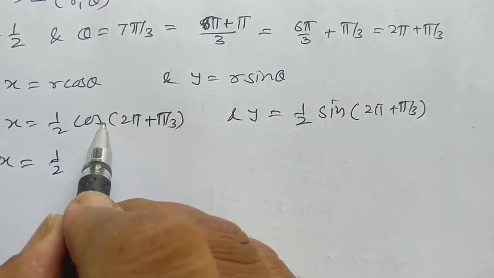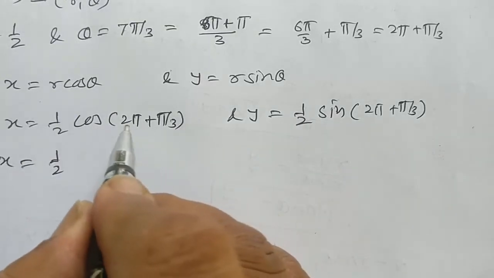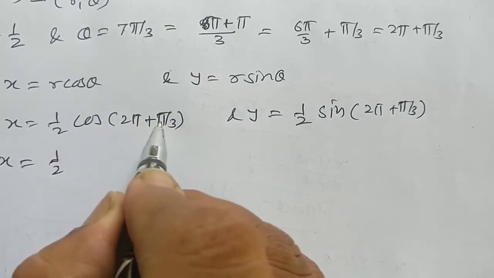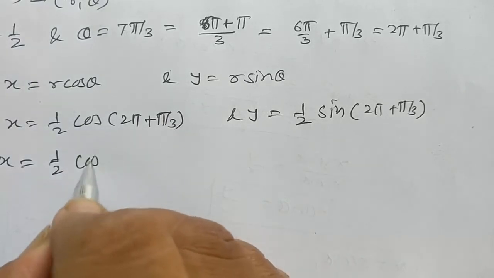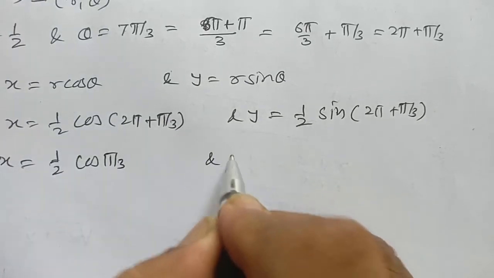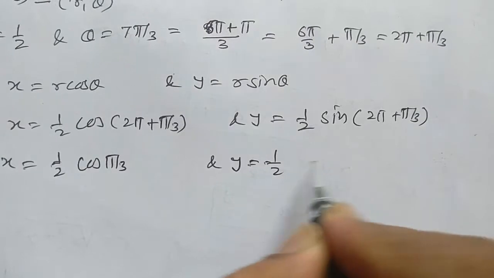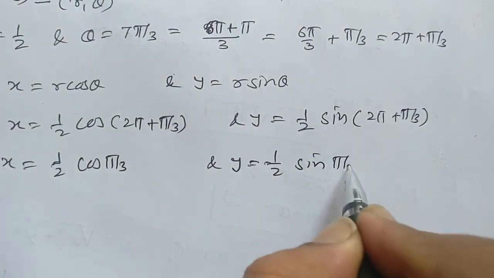The trigonometric ratios of coterminal angles are the same. That is, 2 pi plus pi by 3 is the same as pi by 3, so x is 1 half cos of pi by 3, and y is equal to 1 half sin of pi by 3.